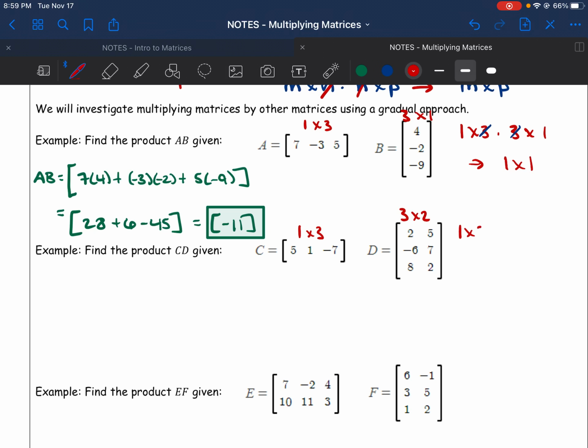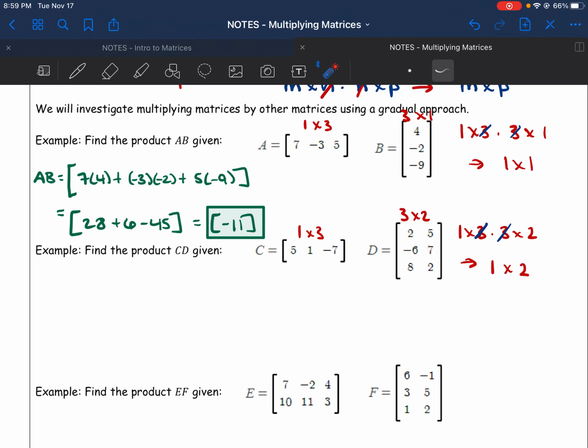If we're taking a 1 by 3 times a 3 by 2, again, imagine that those little pieces would cancel in a way, and the result should end up being a 1 by 2 matrix. So we know that our product should have one row but two columns, so two elements total here. Let's get an idea of what this is going to look like before we actually write out the process.